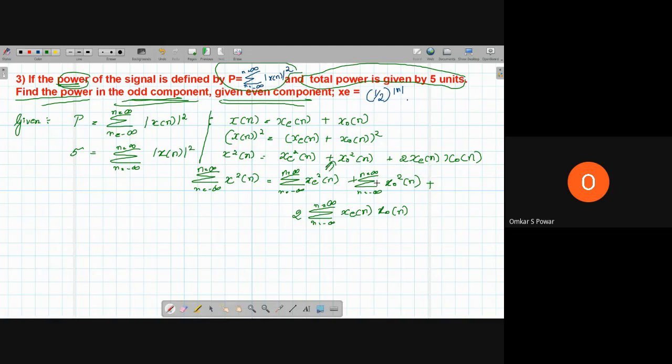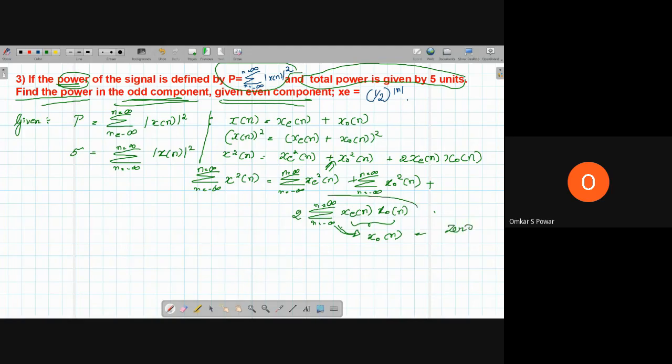Now, if you observe this part here, the product of even and odd is always an odd signal. And if you go back to the derivation which I did in the first class, I gave a homework problem. In that homework problem, if you have solved it correctly, the summation of an odd component is 0.